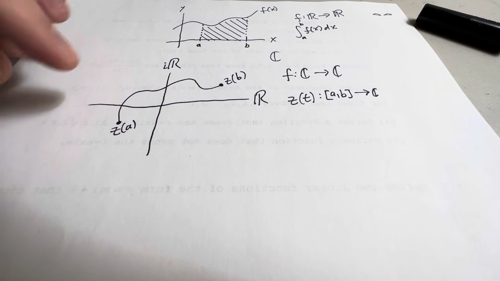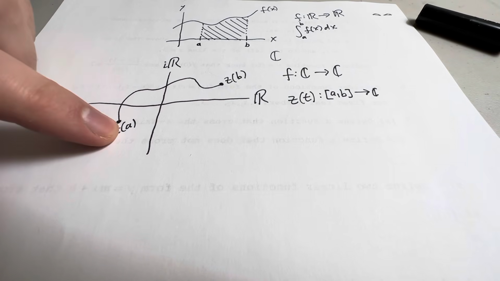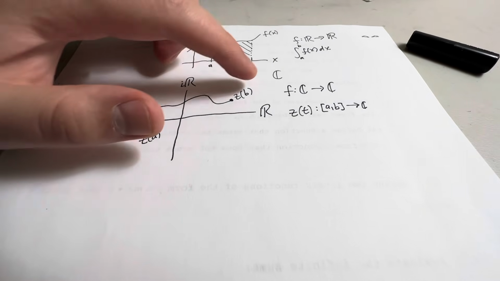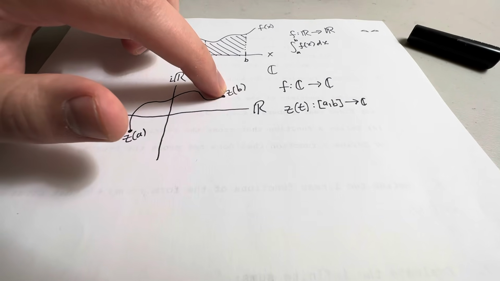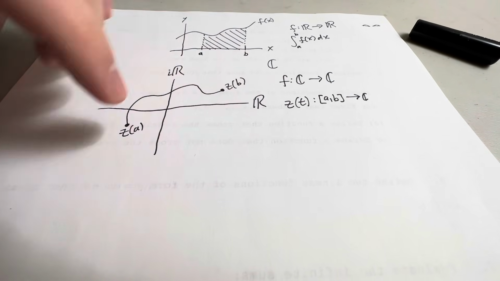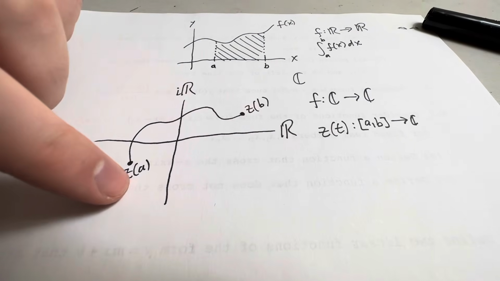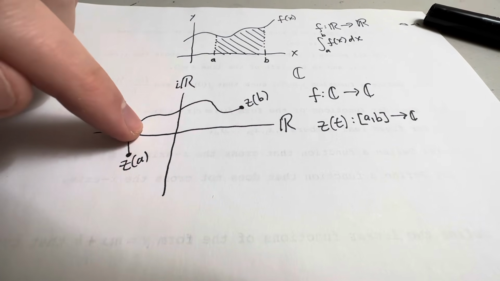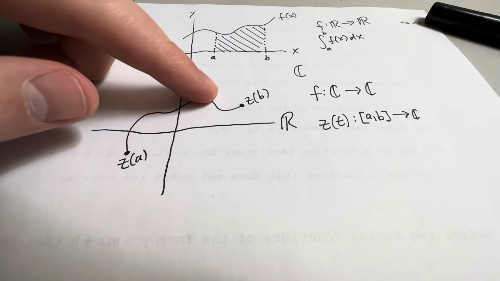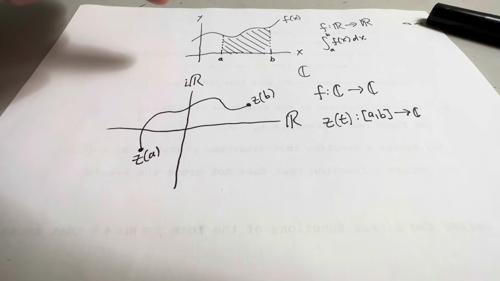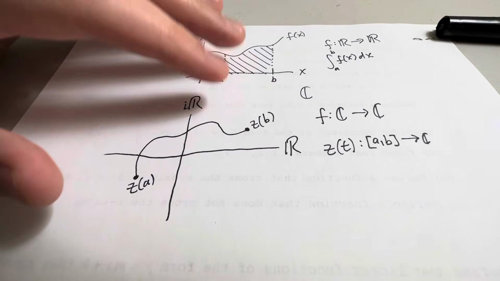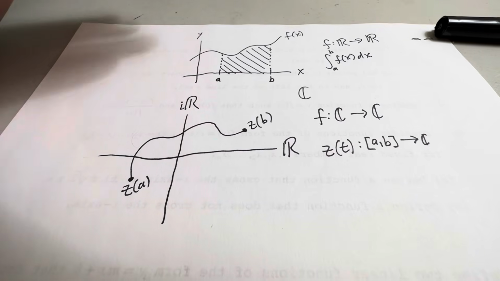That means that if I plug a into my function, I'm going to get this point. If I plug b into my function, I'll get this point. And if I plug in t between a and b, it's basically just going to trace this curve. So when I start at a and work my way up to b throughout the interval, it essentially traces this contour. Now the contour doesn't have to be closed, for example.